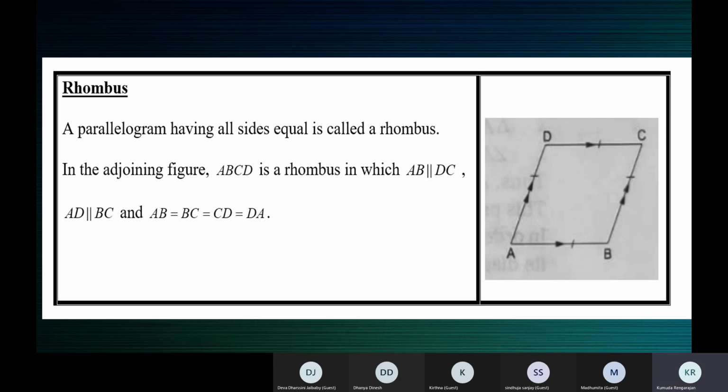So all sides equal, diagonals unequal, diagonals bisect at right angles. That's a difference. In a parallelogram, diagonals don't bisect at right angles. Here the diagonals bisect at right angles.